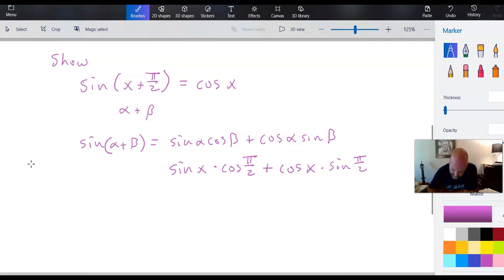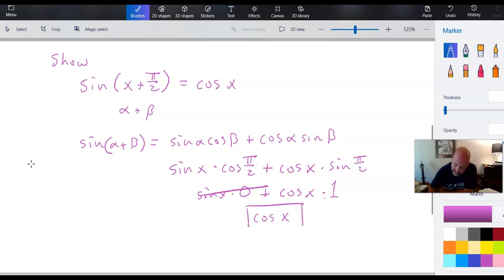Okay, well, let's see. Sine x is just sine x. I don't have a value there, so it stays sine x. But cosine pi over 2 is 0. So this is now sine x times 0 plus cosine x, I'm just going to leave here. Sine pi over 2 is 1. So the 0 kills this, and the 1 just reinforces it. It just keeps it there. So now we have cosine x.